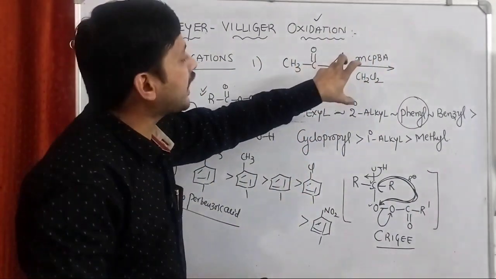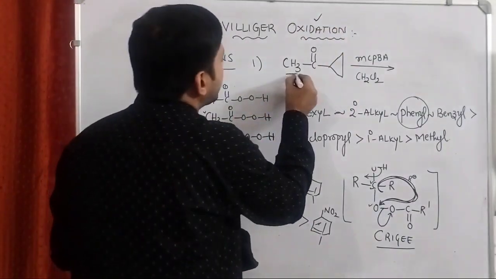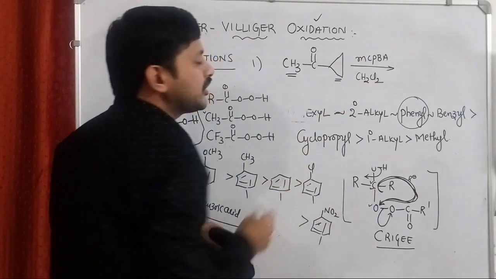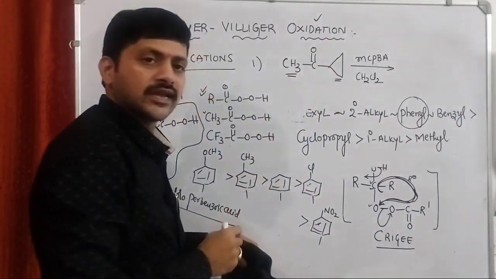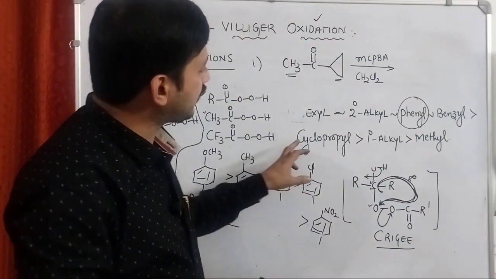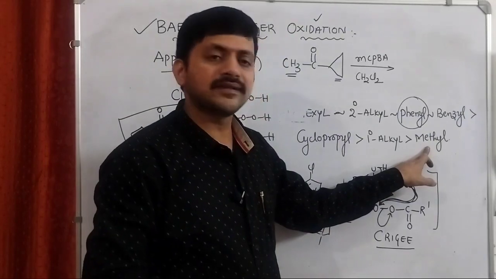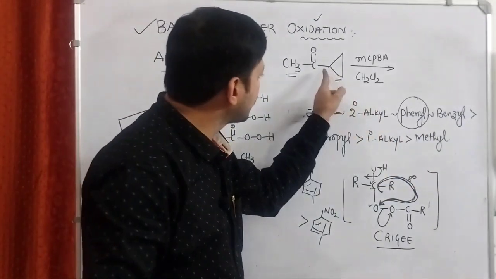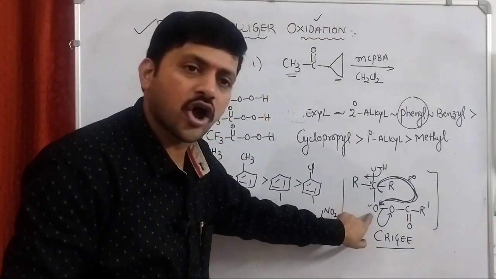Simply, how can we identify the product in this case? In this particular ketone, we have two groups. One is the methyl group, second one is the cyclopropyl group. See the migratory aptitude: first cyclopropyl, later methyl. That's why this cyclopropyl group will be migrated towards the oxygen.